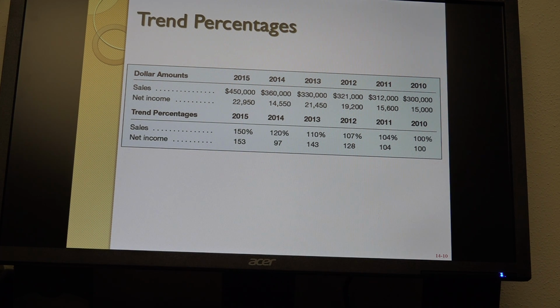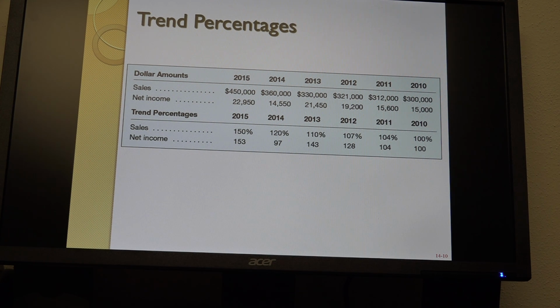So the $300,000 sales and net income of $15,000 in 2010 are all 100% from a trend percentage standpoint. And then you compare the successive years, 2011 through 2015, based upon that base of 2010.